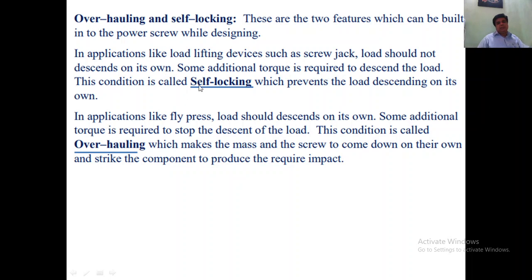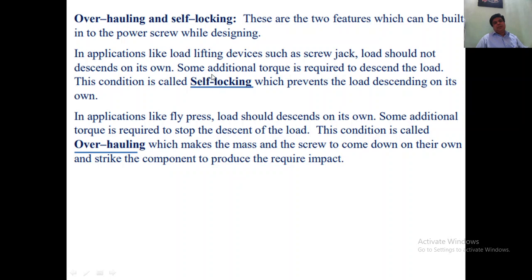So we design the power screws for these two conditions. The power screw will be either self-locking or overhauling, depending upon the application. In certain applications, like I told you, a screw jack or in machines, the load should not descend or come back by itself.